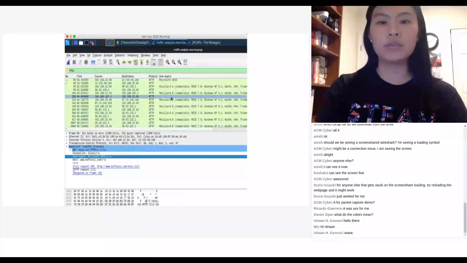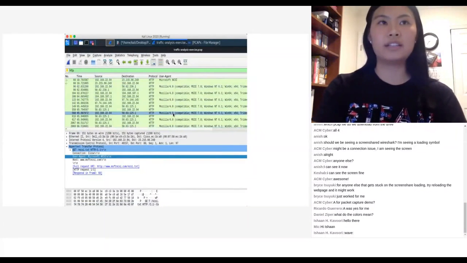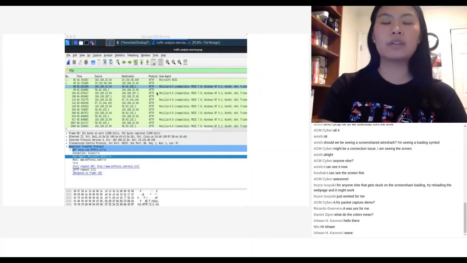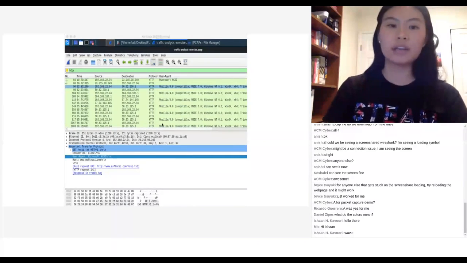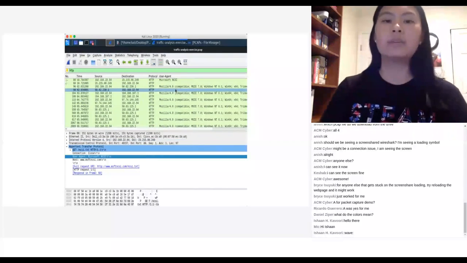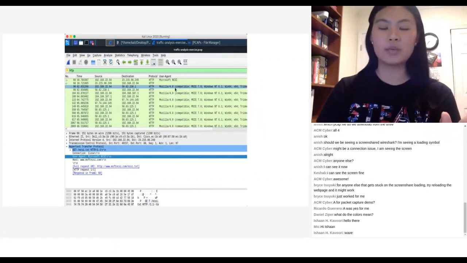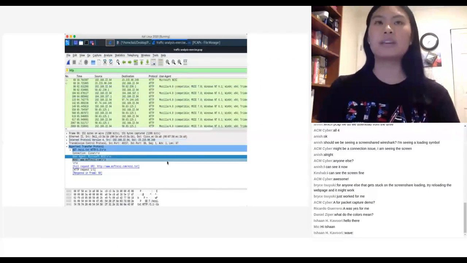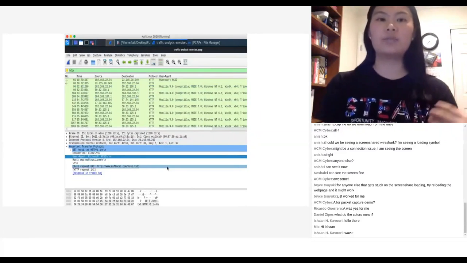Basically, the user agent is the browser used, and I want to see what user agent was being used. For example, if I see all Mozilla, and then suddenly I see a random Windows or something like that, in this case it's Windows, so that's okay. But if it's constantly Windows and then suddenly there's one or two that are Linux or something like that, that can be a sign that I want to continue looking into it.